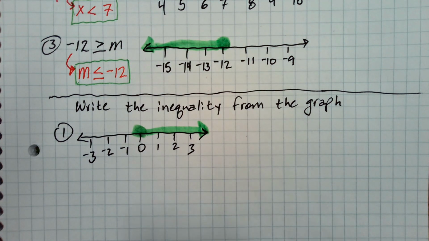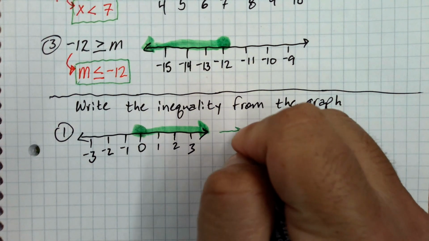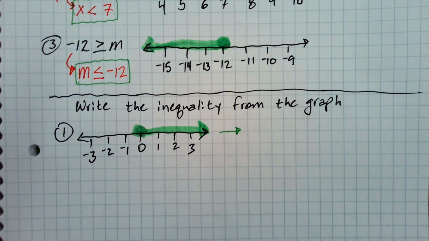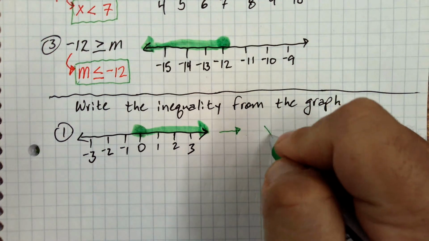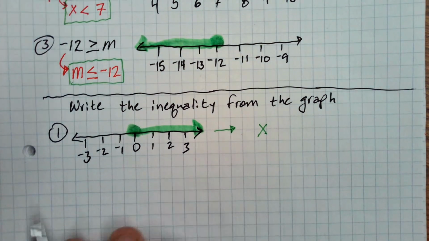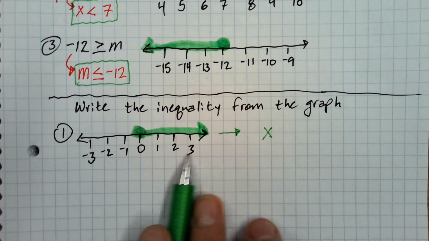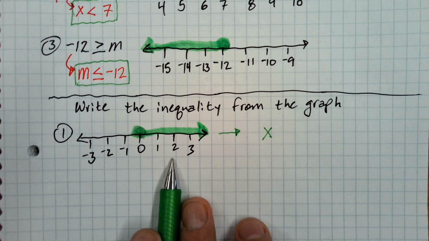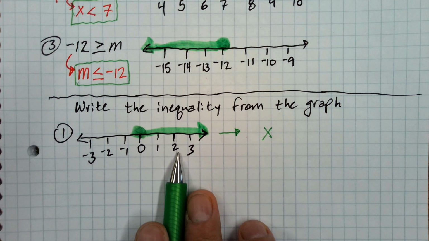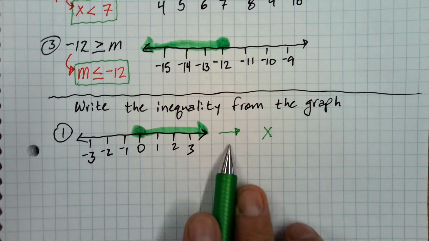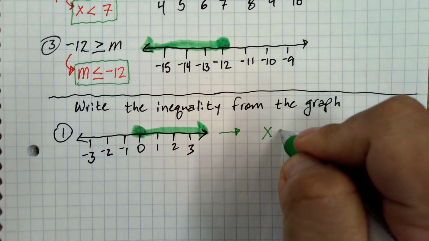And from there, I'm looking for the actual inequality. Let's use x. X is, I'm shading to the right. If I'm shading to the right, will it be a greater than or a less than? If I'm shading on the right side, it'll be greater than, because all the numbers are getting bigger.